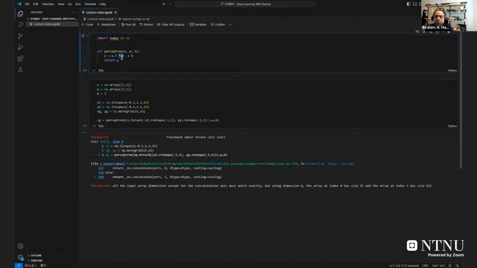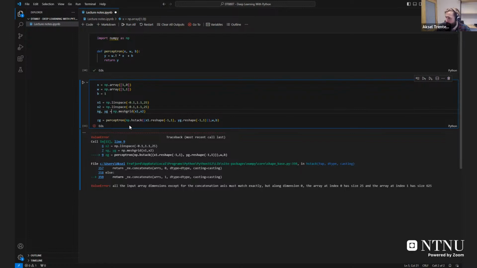And you have inputs x1, x2. You want to use meshgrid. Yeah, that's what I didn't figure out. I'll try to figure this out. You have some error here. Okay, anyway, thank you.